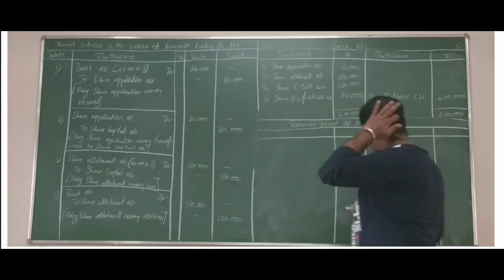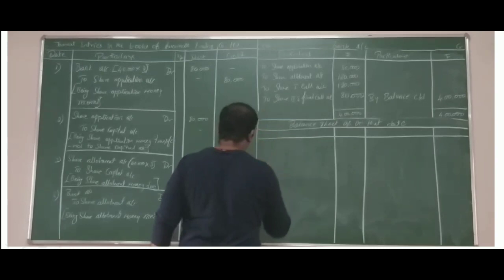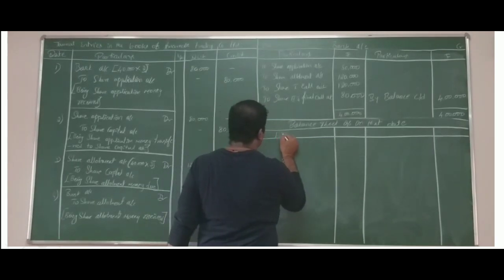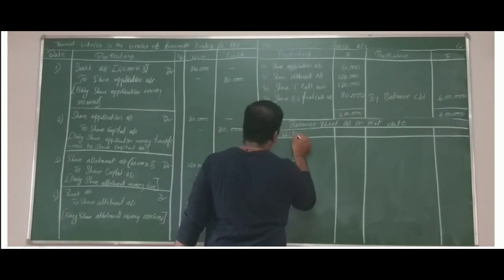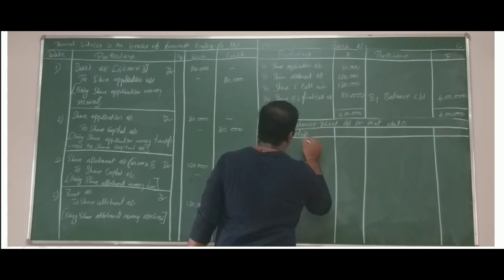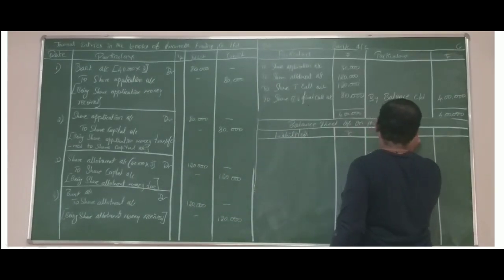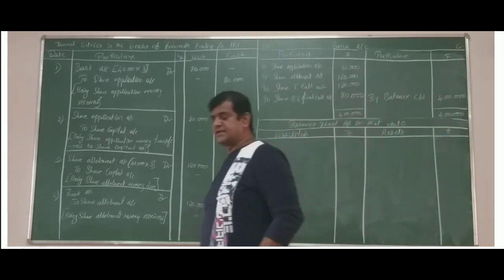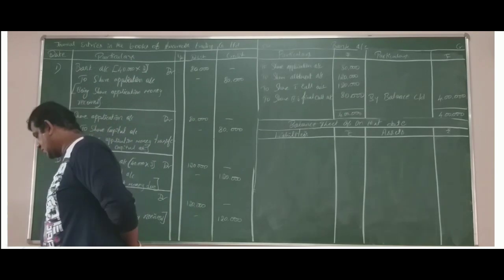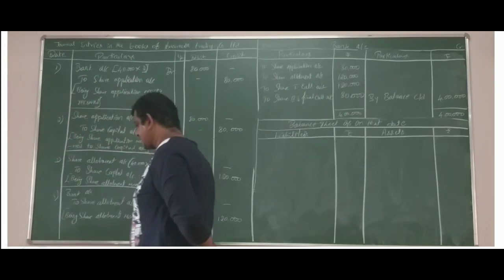Okay. So now open the columns for the balance sheet. That is liabilities, then rupees, then assets, then rupees.